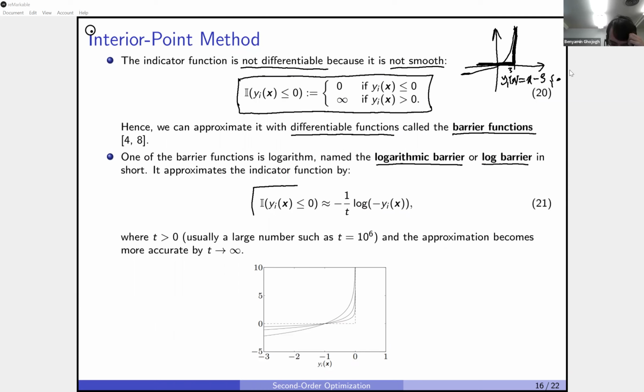So it approximates this constraint to be minus 1 over t logarithm of minus y_i(x), with the parameter t. This is a parameter, and t is greater than 0. Usually it's a large number, such as 10 to the 6. And it approximates this hard indicator function by a smooth function. Here you can see this is y_i(x). So y_i(x) should be less than 0, right? So for less than 0, we want it to be 0. But when it gets larger than 0, it should blow up.